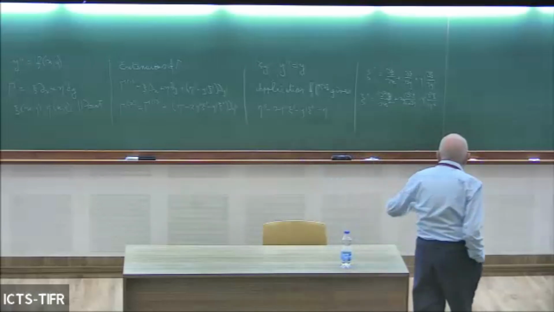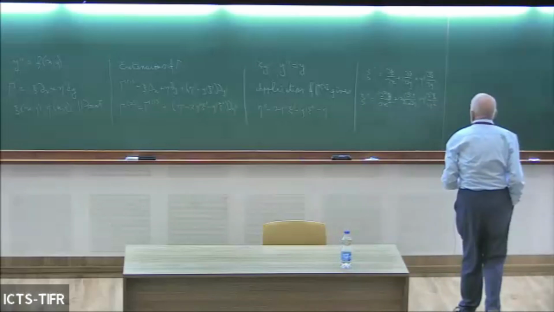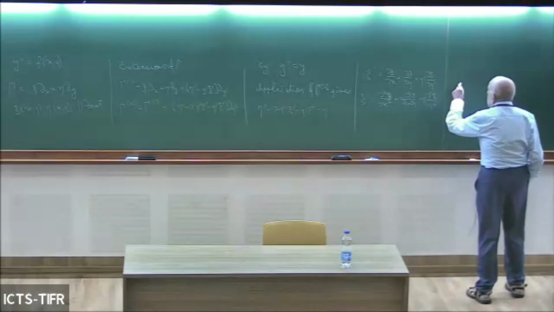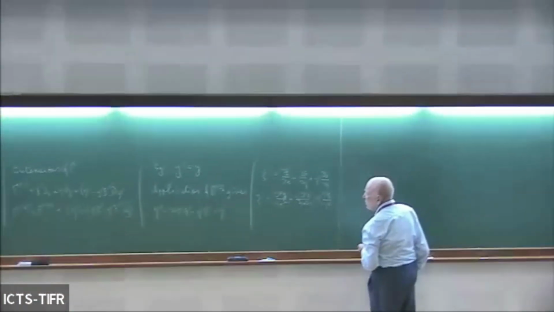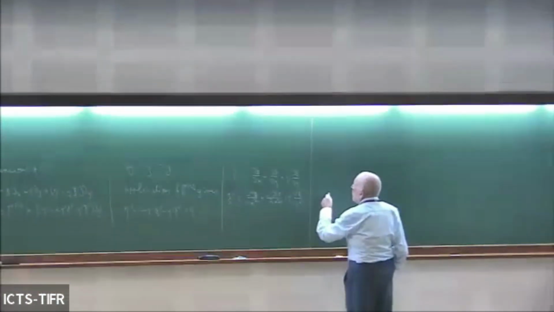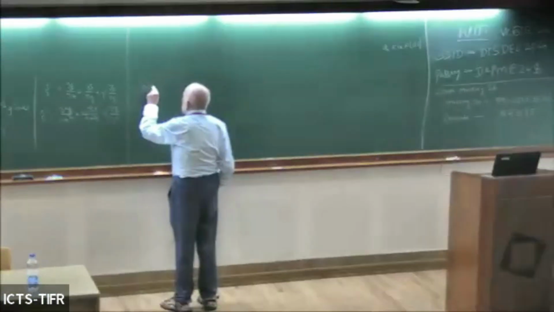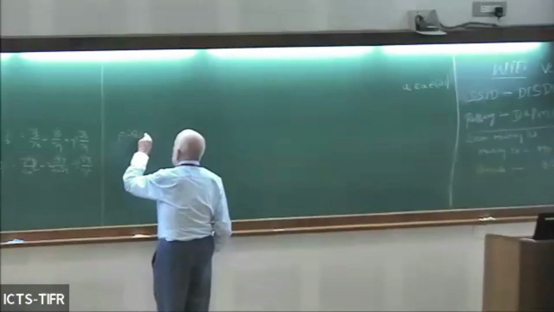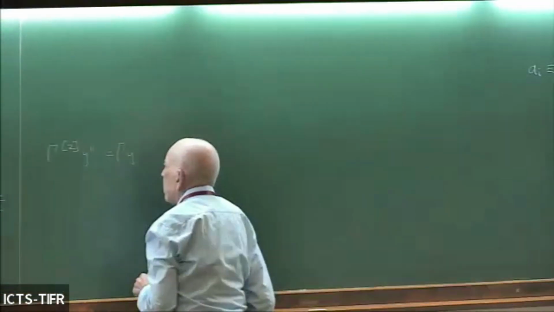So, if you have this and you apply it to that one, you're going to have gamma 2 on y double prime. It's going to be gamma on y.